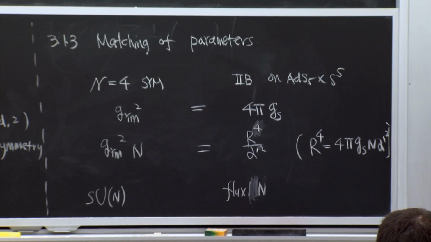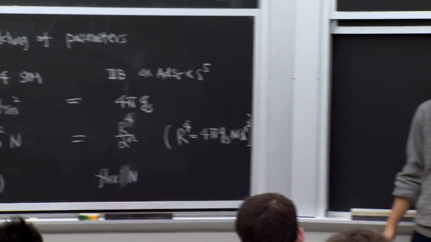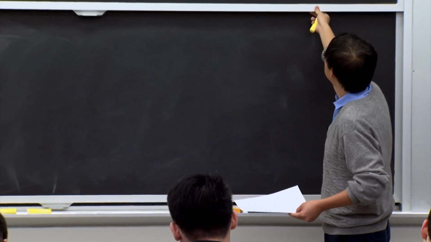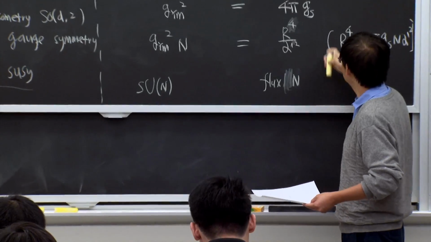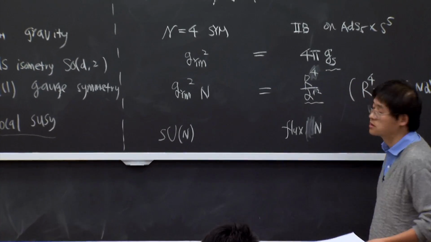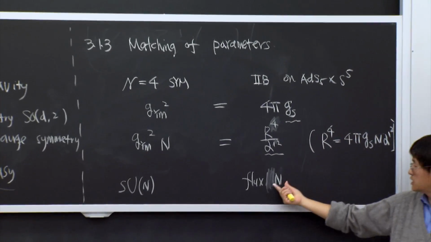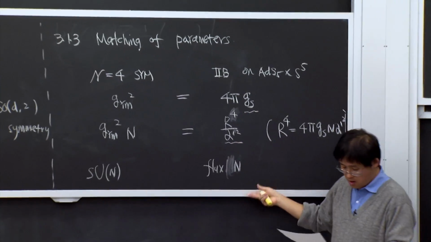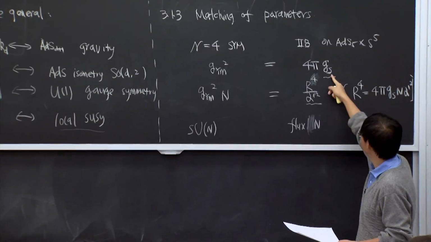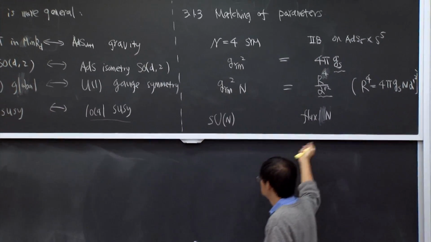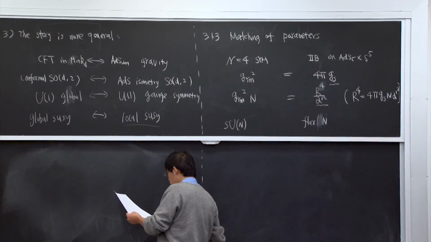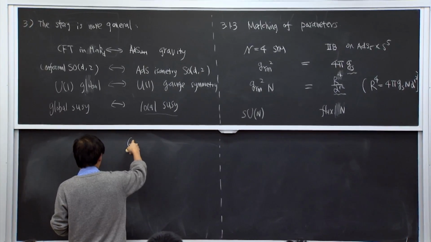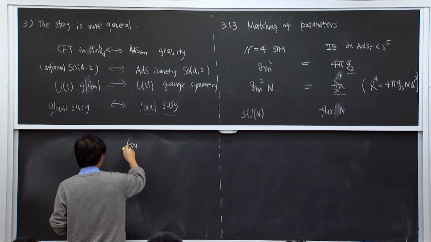Any questions regarding this? Okay, and so on the gravity side, we said these are the two parameters. Of course you also have this N, but these are the two basic parameters. And instead of using g_s, as we said before, you can also use the Newton constant. The 10-dimensional Newton constant has length dimension 8.